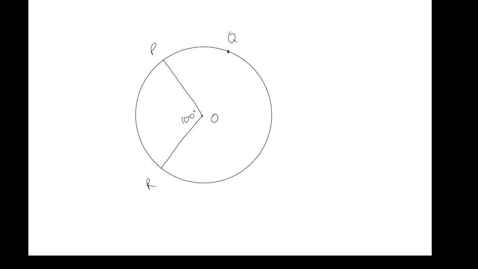Given also that we have a radius of 12 inches, we're going to find the measure of the arc length, not what you guys are used to with finding the measure of the arc in terms of its degrees, but we're going to find its arc length.